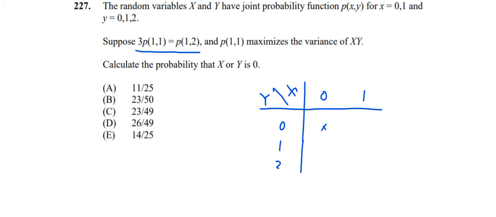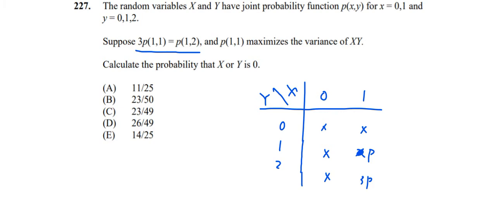P12 is 3 times P11. So if this is P, then this is 3P. And the other probabilities we don't know.